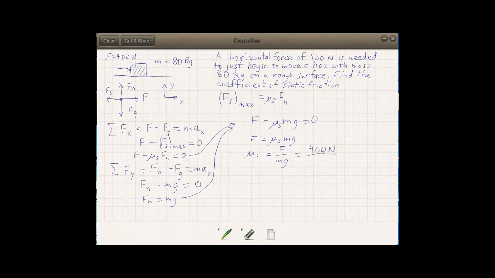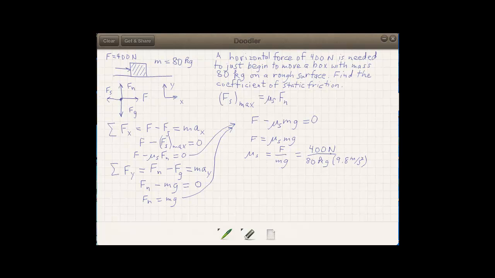Alright, so 400 newtons is the force that's applied. M is 80 kilograms. G, we know, is 9.8 meters per second squared. And in the denominator, we have kilograms and meters per second squared.